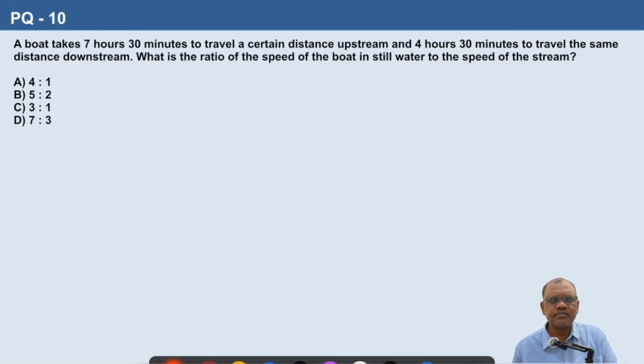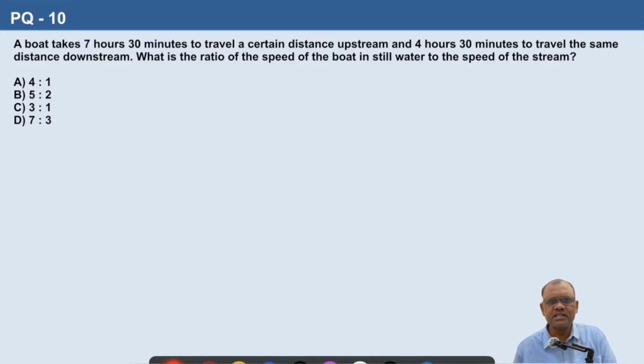Question number 10. A boat takes 7 hours 30 minutes to travel a certain distance upstream and 4 hours 30 minutes to travel the same distance downstream. What is the ratio of the speed of the boat in still water to the speed of the stream? Similar question.